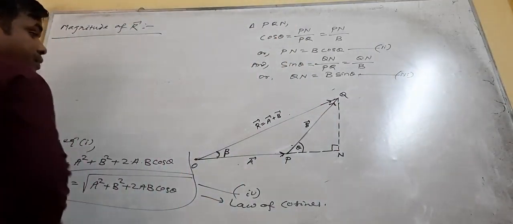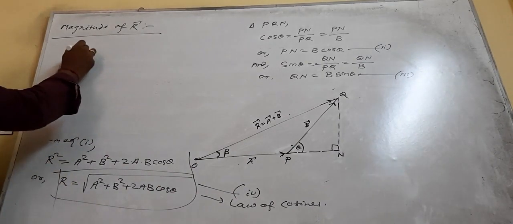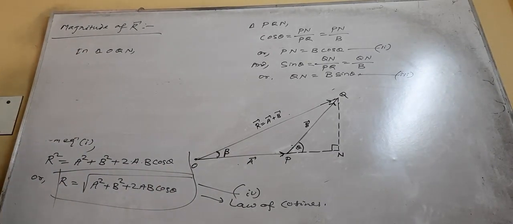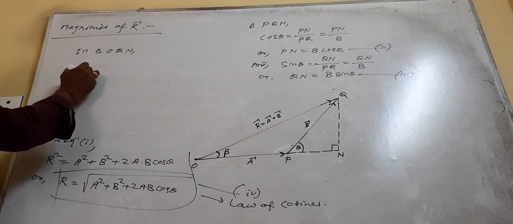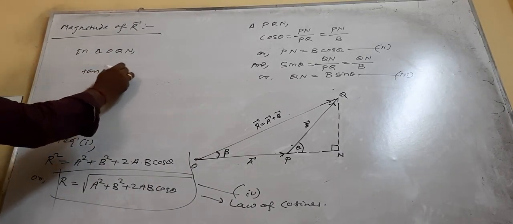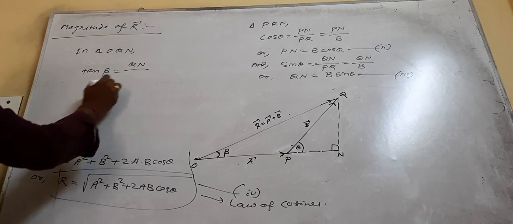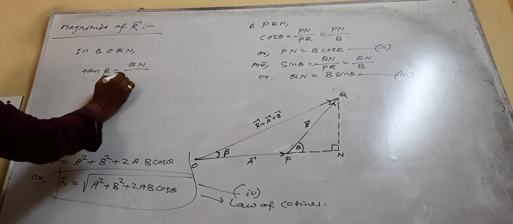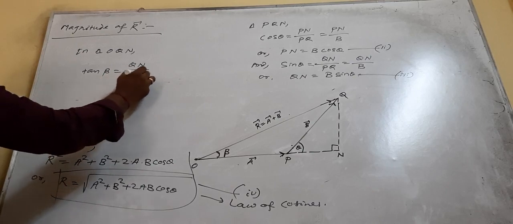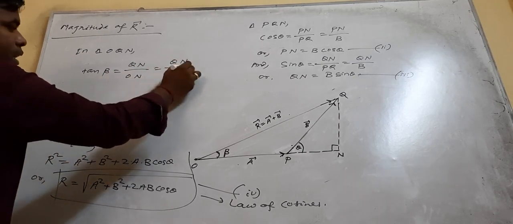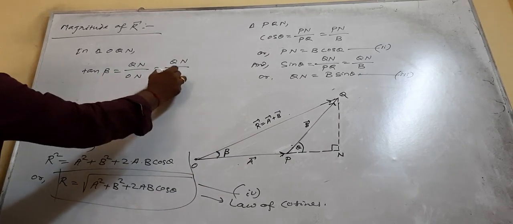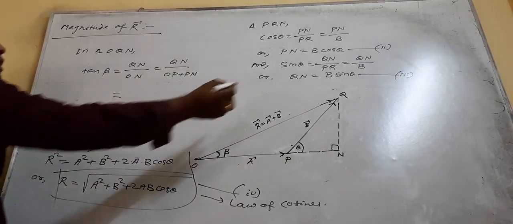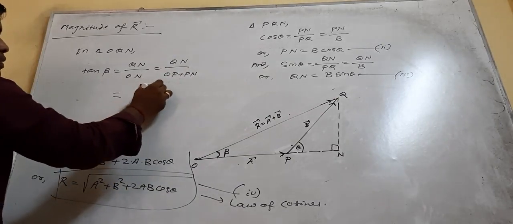So now, in this triangle OQN, you apply tan beta, that is QN by ON. What is ON? OP plus PN. QN we already got, that is B sin theta.